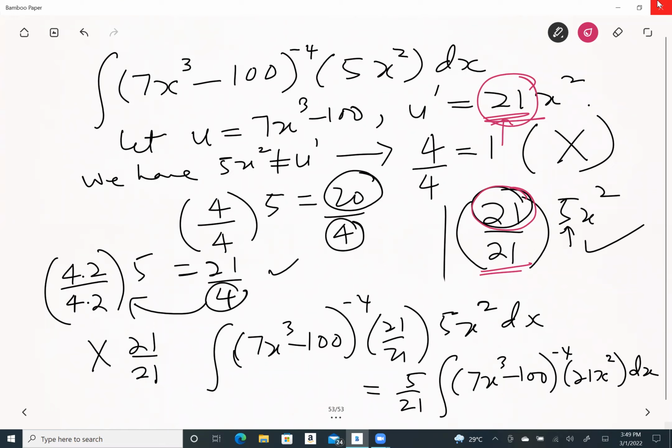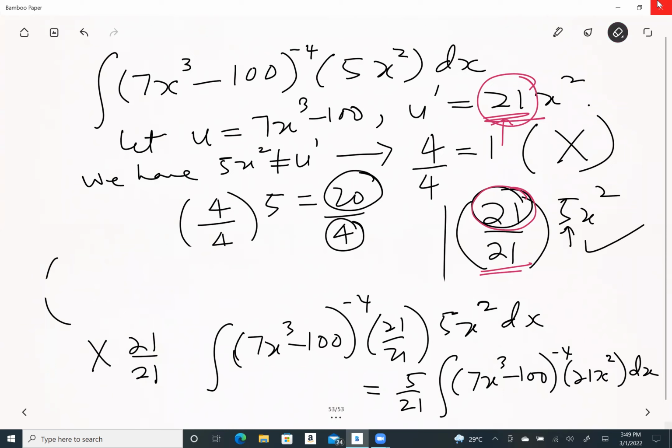For example, let me give you another one, just to help us better understand. Let's say here u prime is equal to 40x to the power of 4. I don't write the u because I don't know about the u.